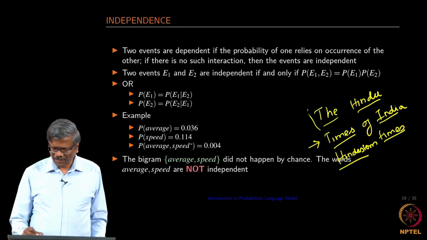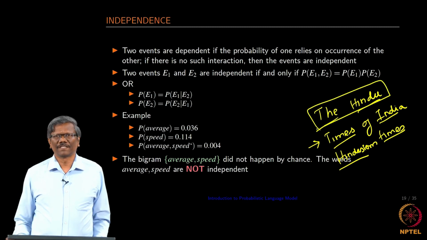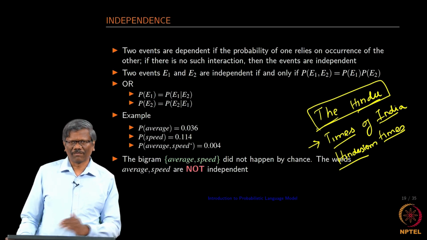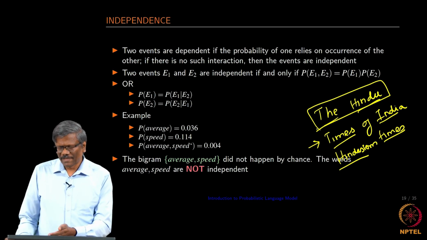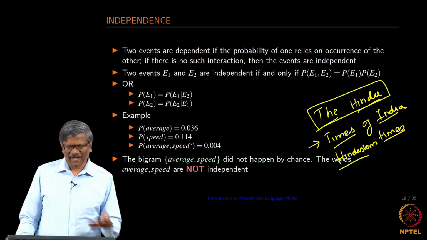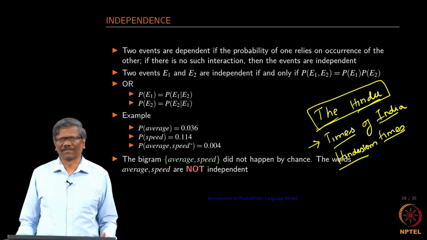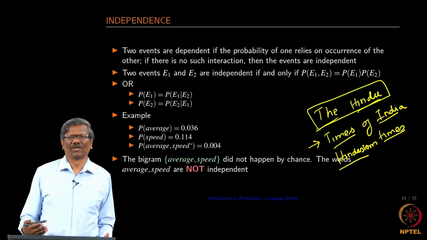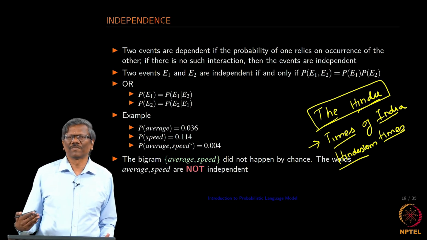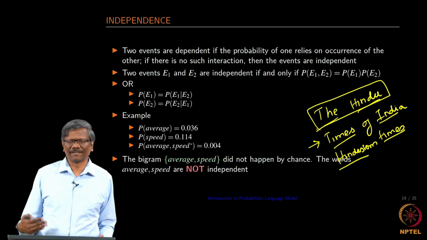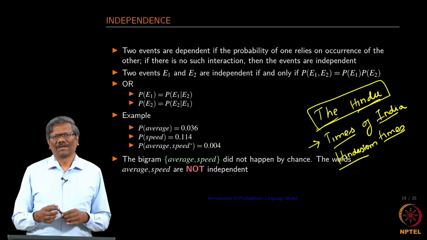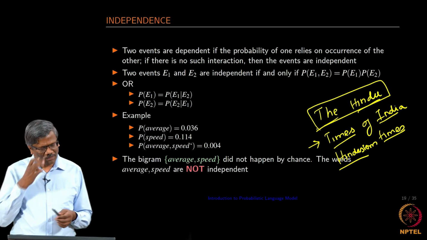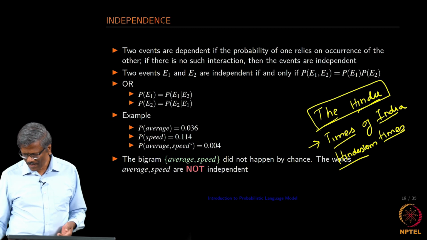So, we need to find out whether these words in the given corpus occur by chance, or they are dependent on each other, right. So, in some way or other, since the machine is going to do the job automatically, we have to give some kind of tool so that it identifies certain words that are always together. So, we can probably use the idea of independence in some way.